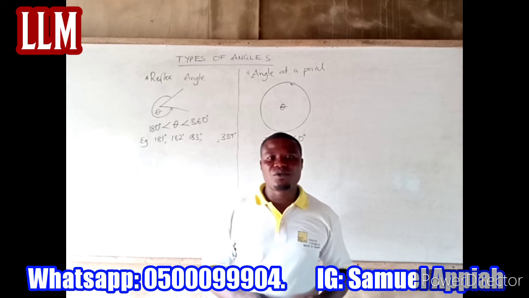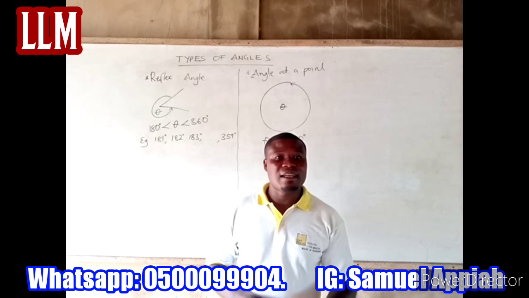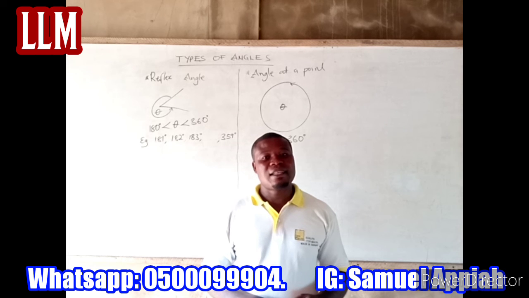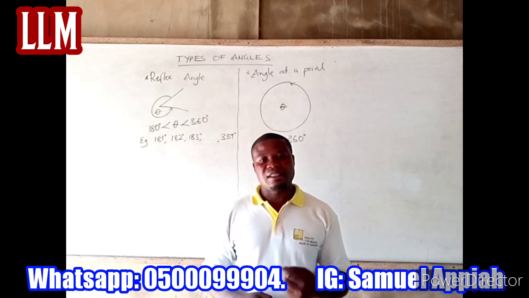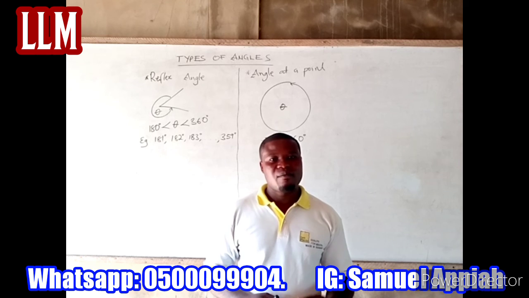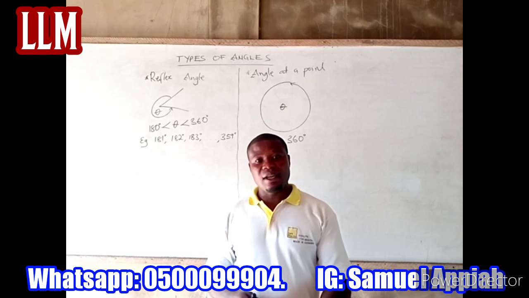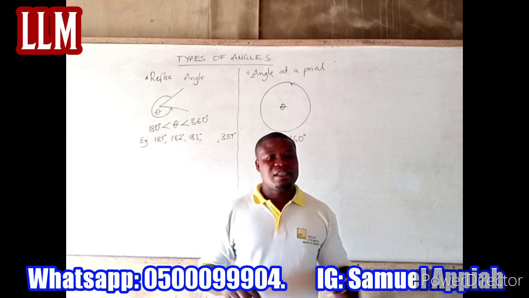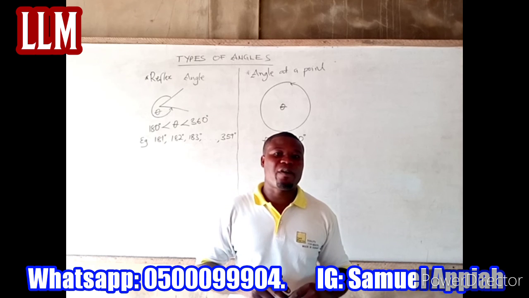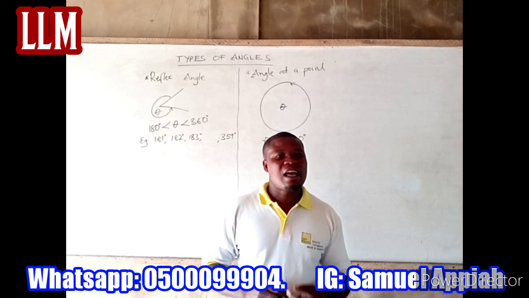The next angle we treated is the reflex angle. The reflex angle is any angle which is greater than a straight angle but less than 360 degrees. So any angle from 181 degrees up to 359 degrees is a reflex angle.